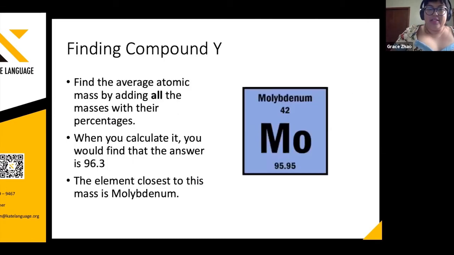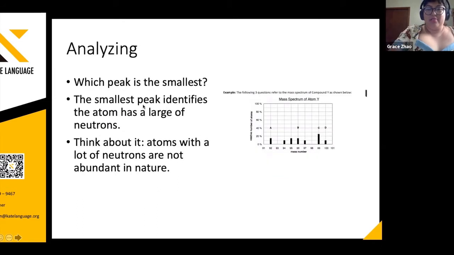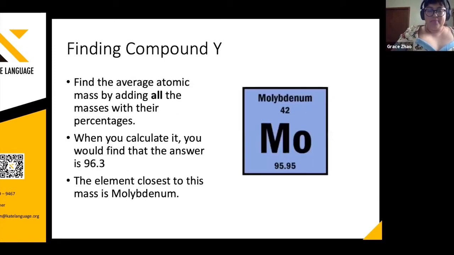Okay. So finding the compound line. Find the average atomic mass by adding all the masses with their percentages. So you would just do that, and I'll show you guys how to do that when we get into the advanced part of the course. If you calculate it, you will find that the answer is 96.3.